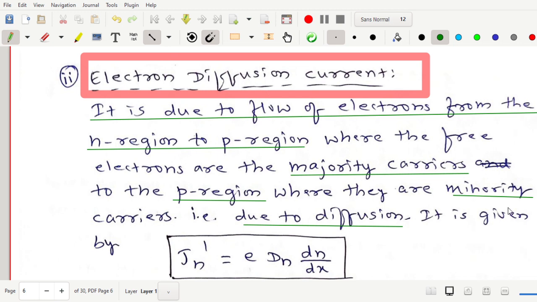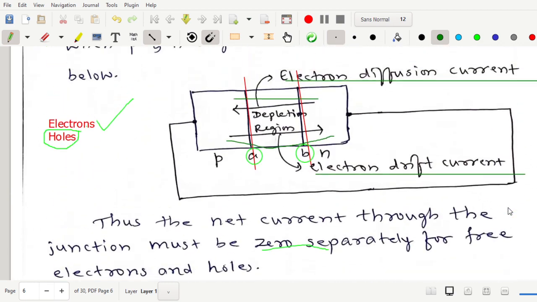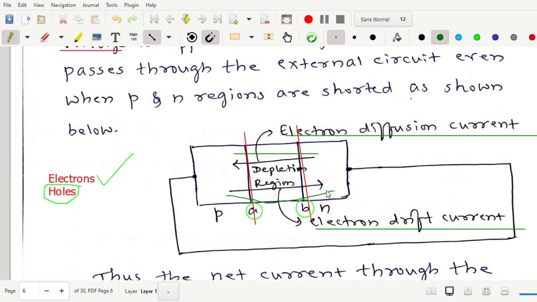Now if we go back to the diagram here, we can see in the N region there are more electrons compared to the P region. Now the electrons will diffuse from a region of higher concentration to a region of lower concentration.